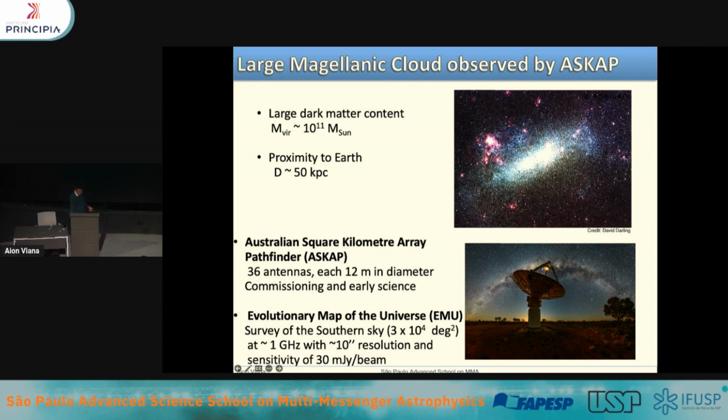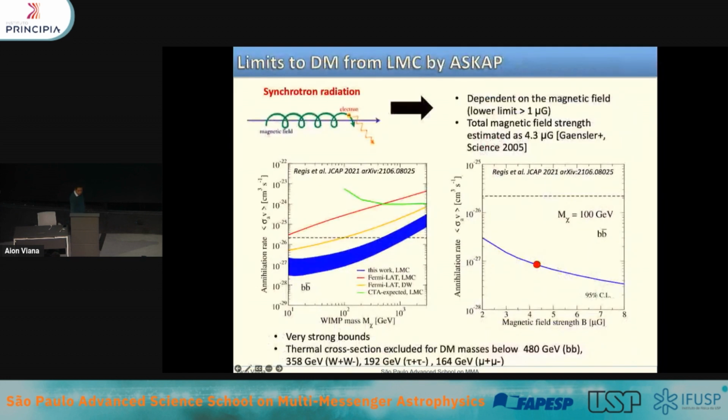Now, they use this data to constrain the potential dark matter annihilation signal in the case of secondary emission. So basically, if you have charged particles in your final state, electrons or positrons, because the Large Magellanic Cloud has some magnetic field, you can produce synchrotron. This synchrotron can be observed with this telescope.